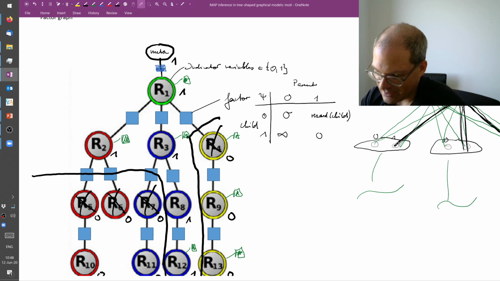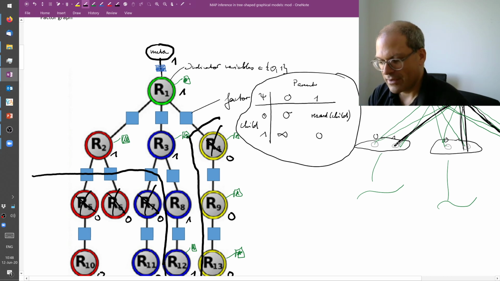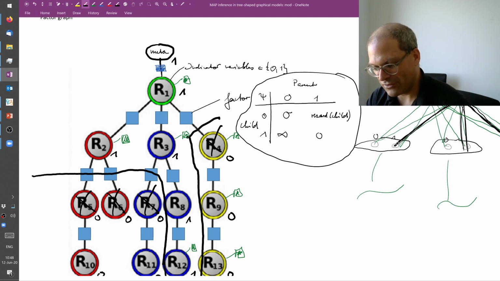So this is now shown in this table here. The table is for such a factor psi, and the reward or penalty depends on the parent, which has states of 0 and 1, and the child, which has states of 0 and 1.